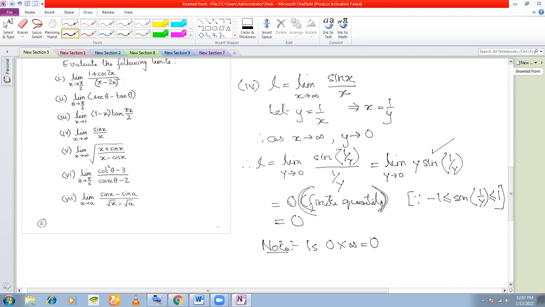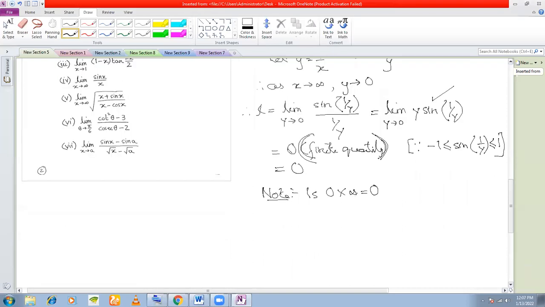Sir, it will be 0. And who says so? That 0 into infinity will be 0? Sir, I am guessing, sir. Kushi is saying 0 into infinity is 0. Yes, sir.